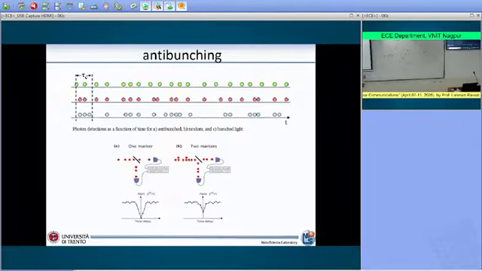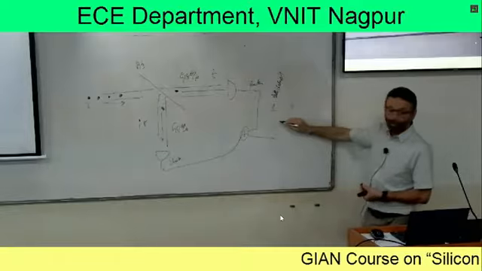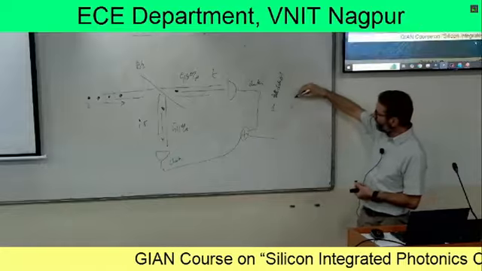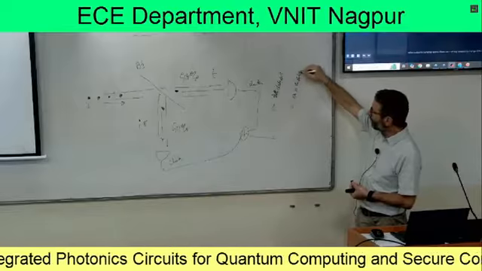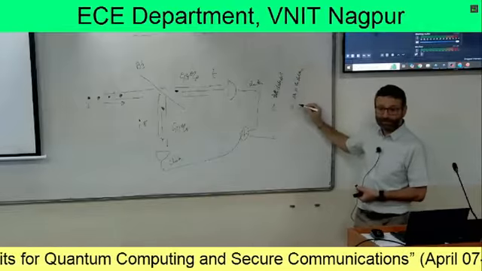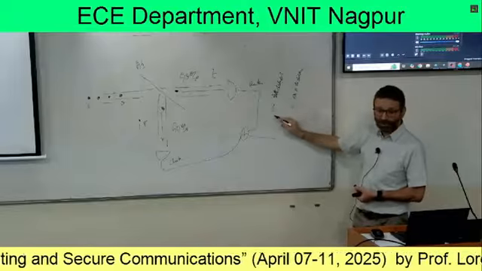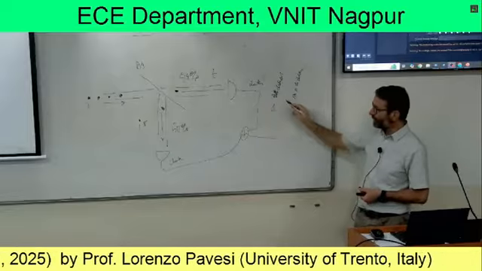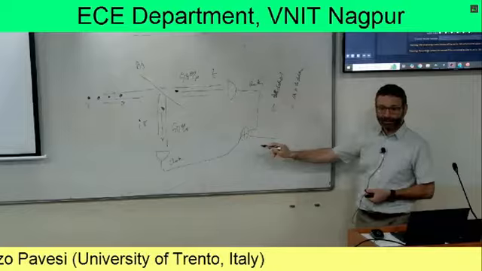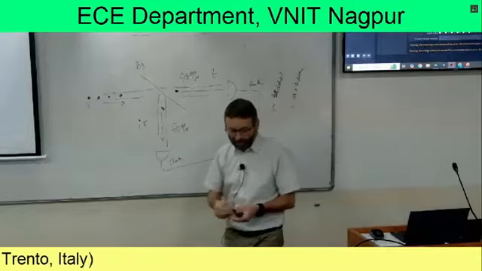We get 1 if both clicked, or we get 0 if one or the other clicked. Okay? Is it clear? So this is the correlation. So we have a strong correlation if both are clicking, or we get only a 0 correlation if one or the other clicked.